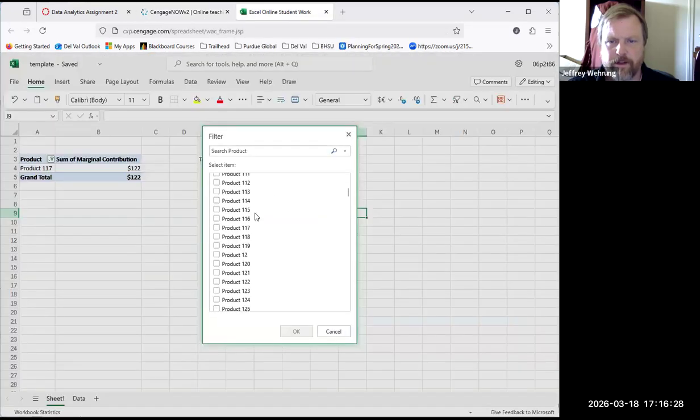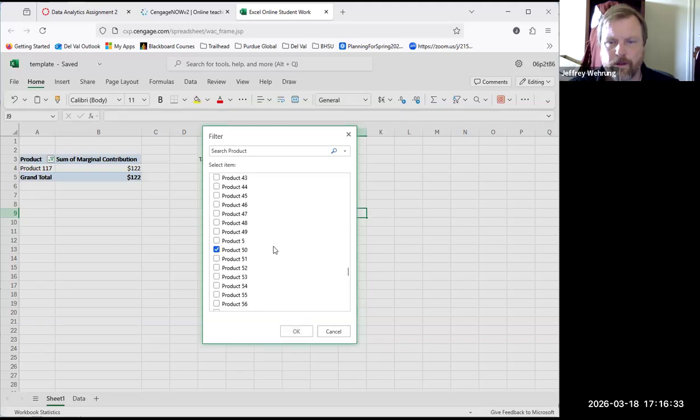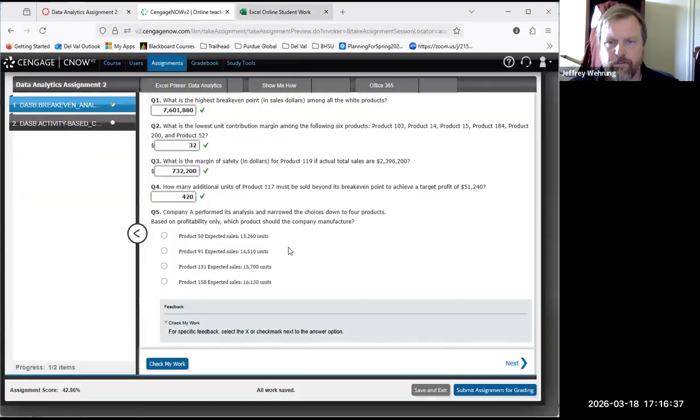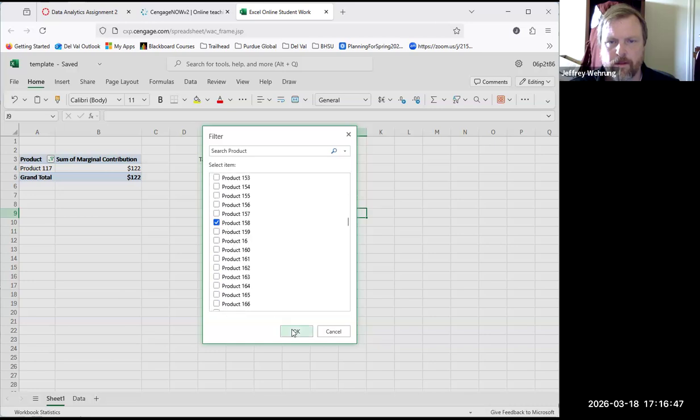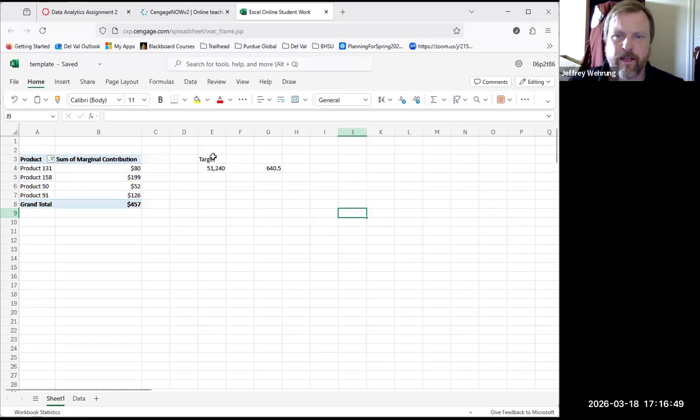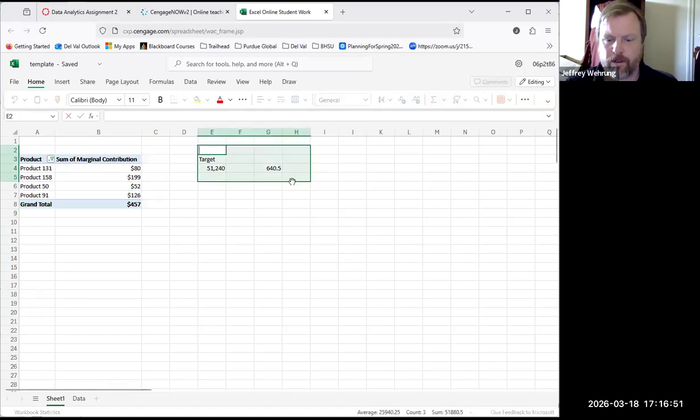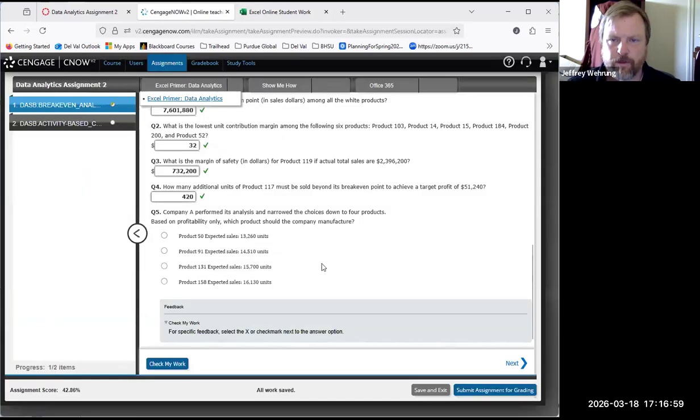I can remember them all. Okay, so I look at those four products, and I am trying to figure out which one is the most profitable based only on profitability.